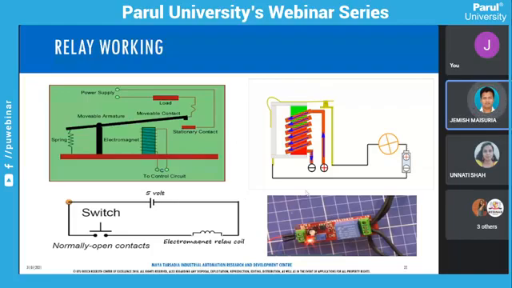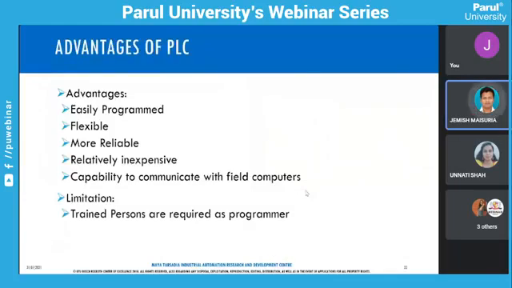The advantages of PLCs are that they are easy to program. You can program easily, and we'll see how to program the PLC. It's flexible because you can change the programming anytime. It's more reliable and relatively inexpensive, because when you operate n number of devices, you require that many modules with relays, whereas here, by using just one PLC, you can operate n number of devices.